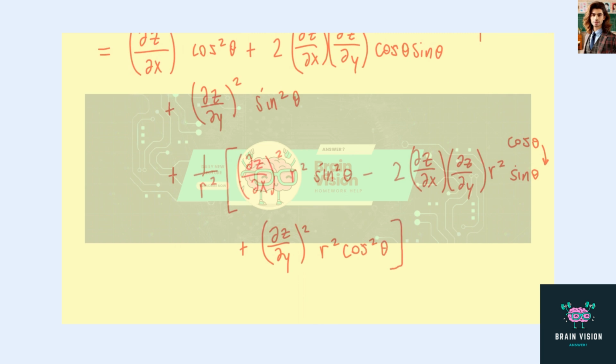And when we distribute this 1 over r squared, these factors of r squared go away.